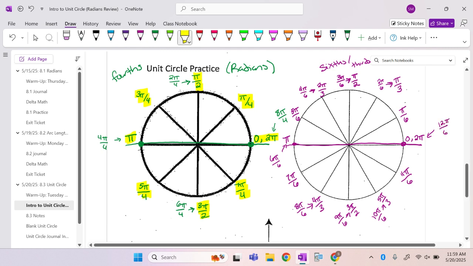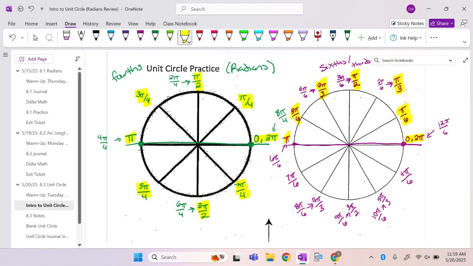So what you care about are all my simplified versions. Now, if you notice the thirds, the thirds are in the same spot as they were in the degrees.